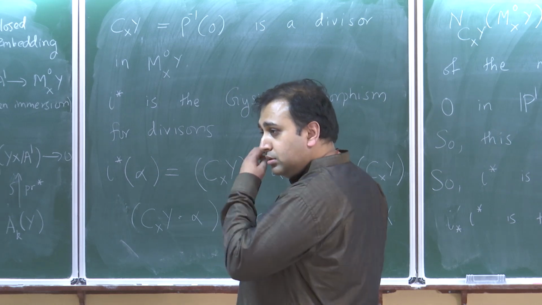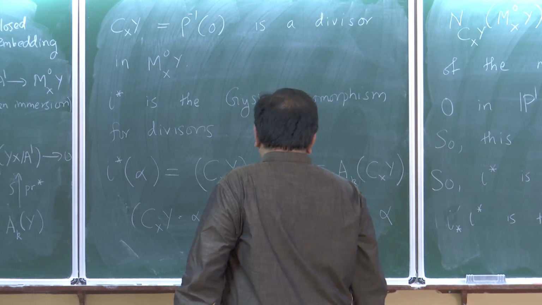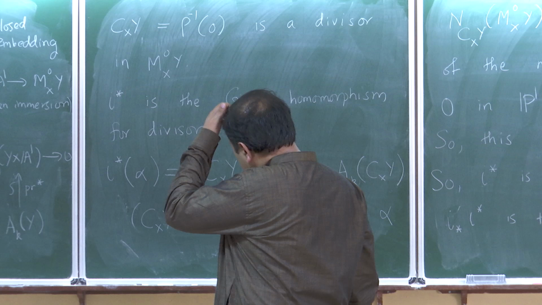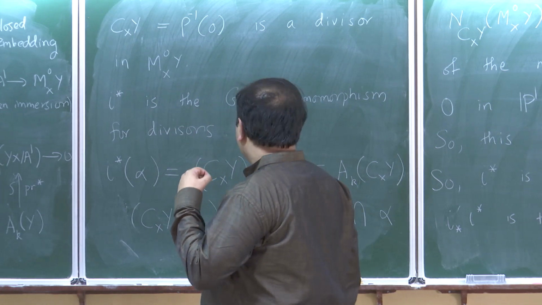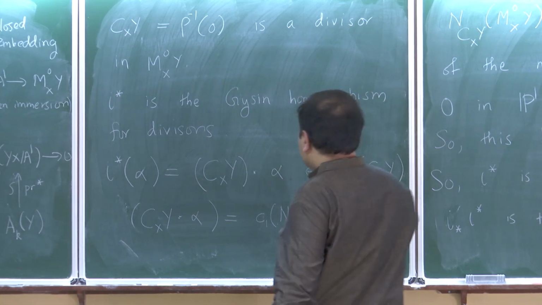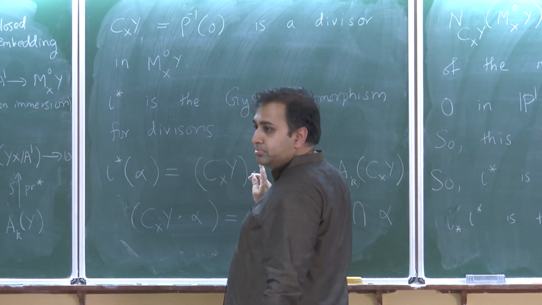Why have you written this dot? Wasn't this proved actually? This was defined as taking the line bundle corresponding to Cx and pulling it back to alpha, right? Yeah, this was defined as that.